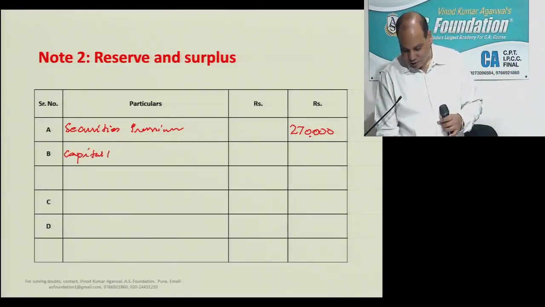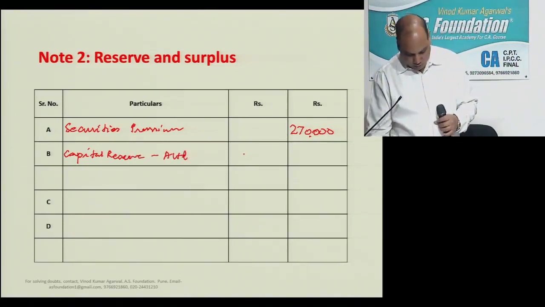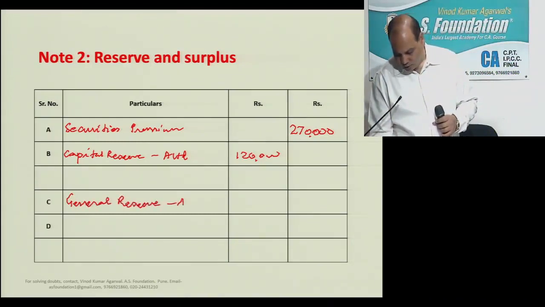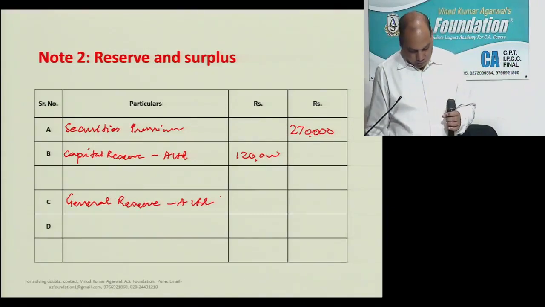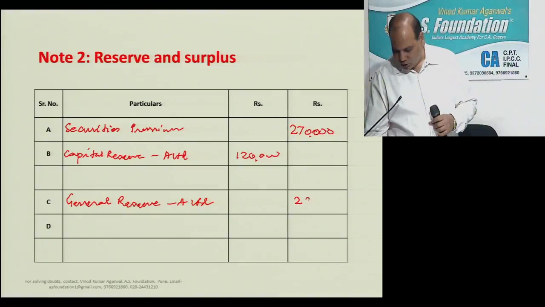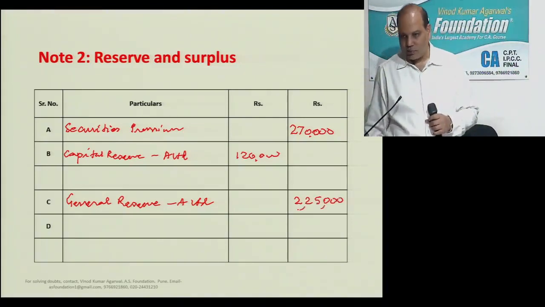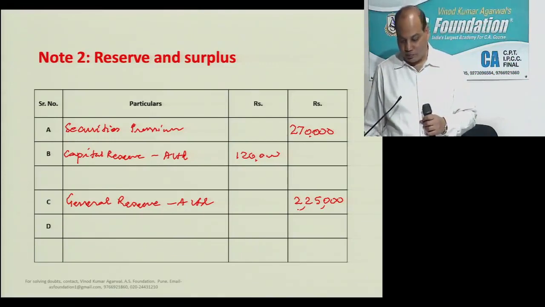Capital reserve in the inner column. Capital reserve of A Limited, right in the inner column, 1,20,000. One line blank. General reserve of A Limited, 2,25,000. There is no adjustment in general reserve, so I will write in outer column. Why there is no adjustment?